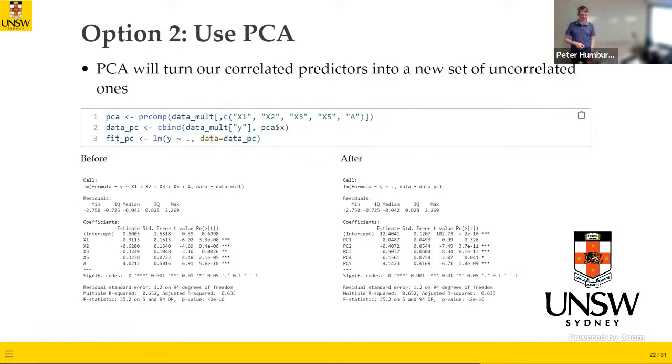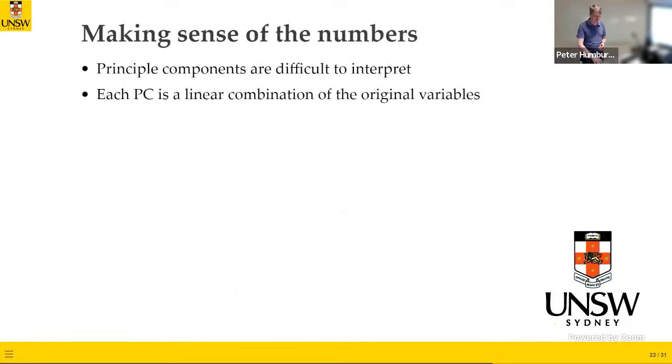The problem is, it's really hard to interpret these principal components. Right? If you want to know about some relationship between your predictors and your dependent variable, this is not going to tell you, because each one of your principal components is a linear combination of all your predictors, right?